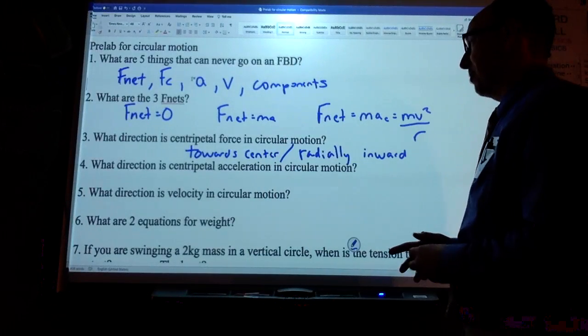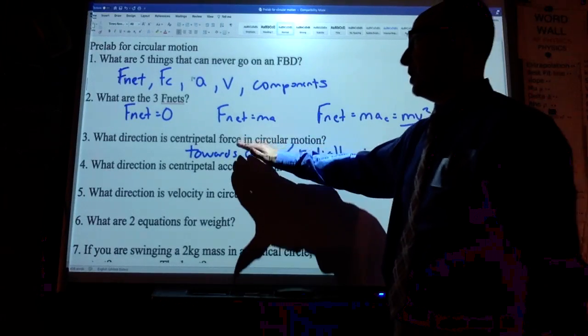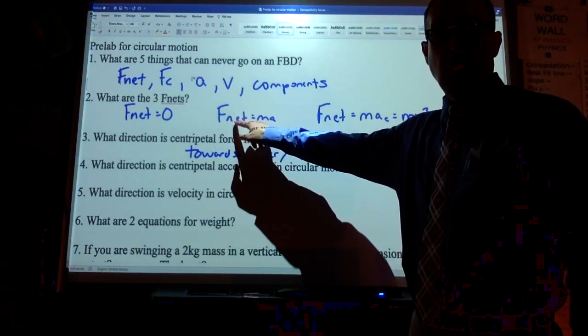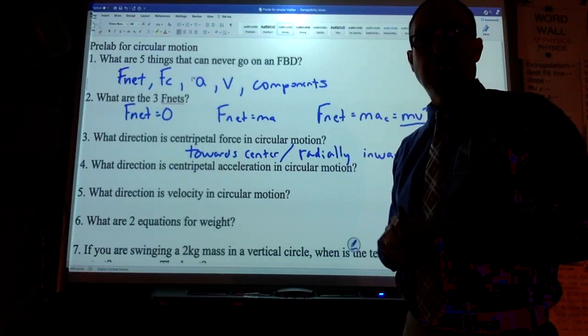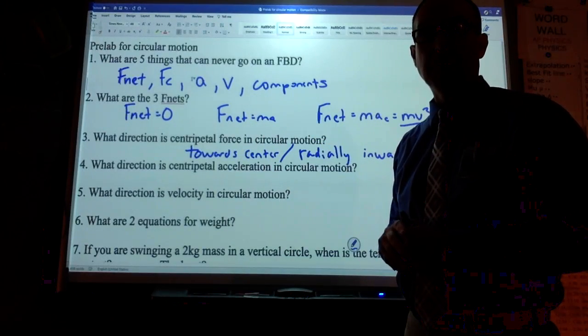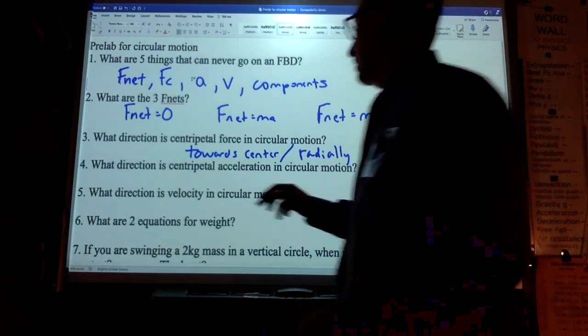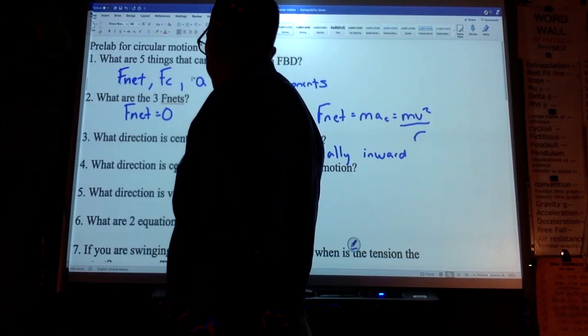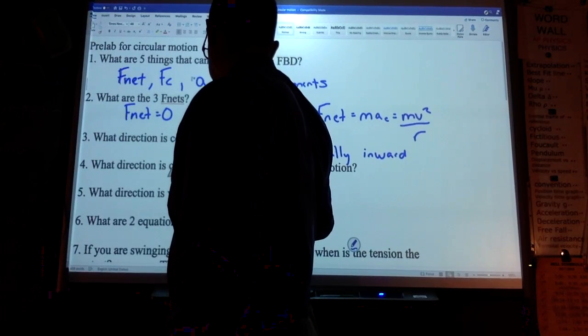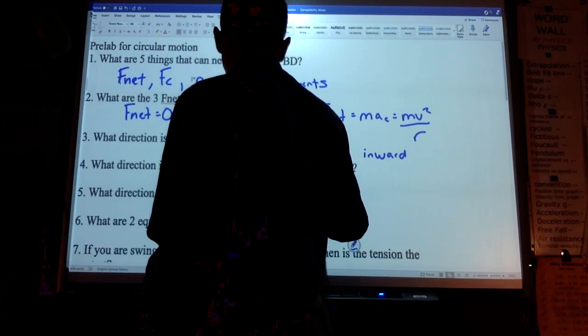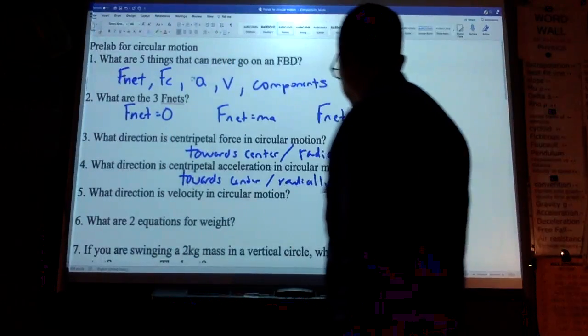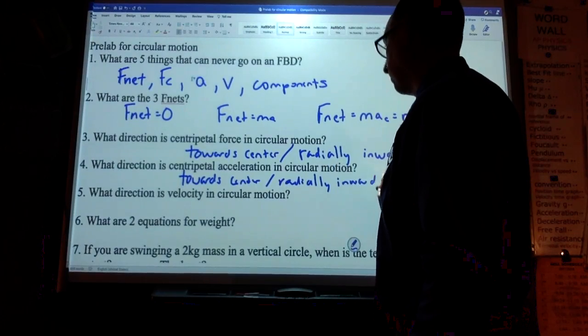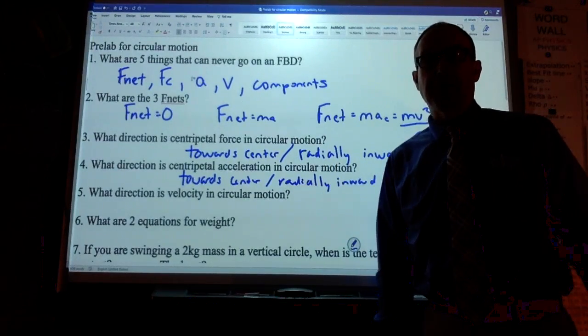What direction is centripetal acceleration? Well, force and acceleration always agree. So they're always in the same direction, the net force and the acceleration. So it's going to also be towards the center or radially inward.